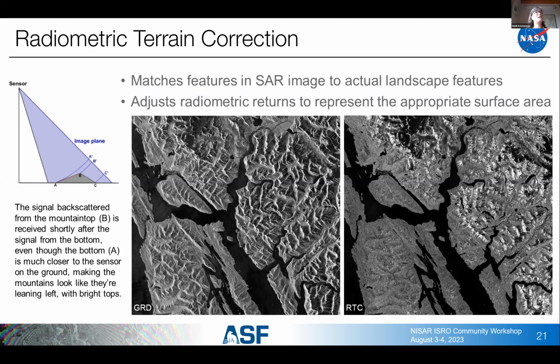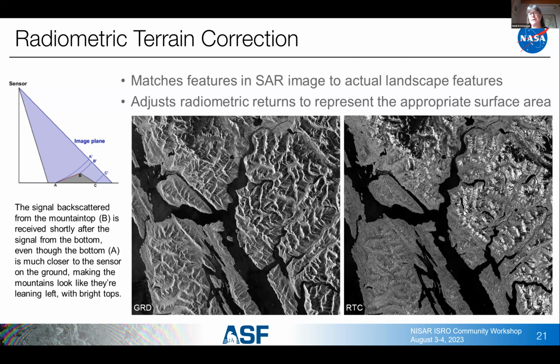Radiometric terrain correction uses a digital elevation model to correct for this distortion. It uses the DEM to move the pixels into place so that the tops of the mountains are where you would expect them. And it also normalizes the backscatter based on the actual surface area of the slope that's contributing the signal back to the sensor.